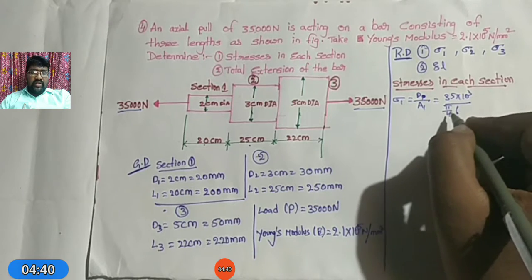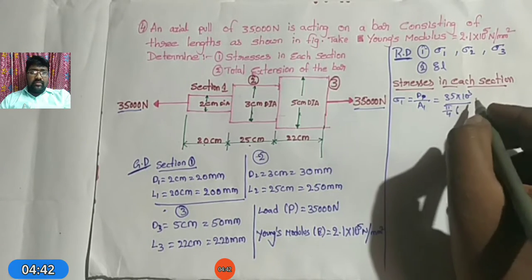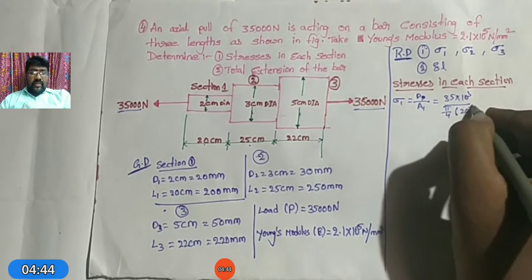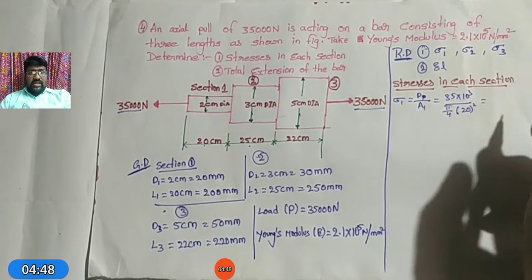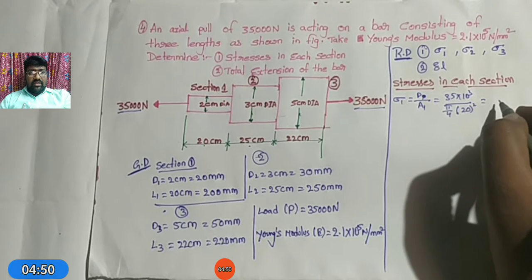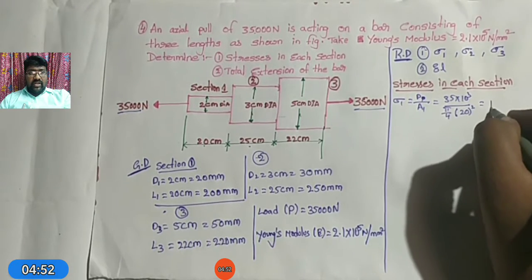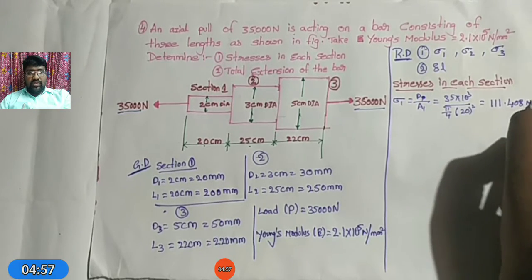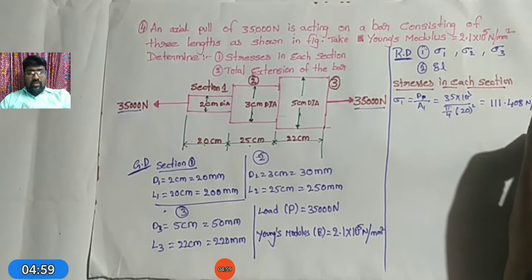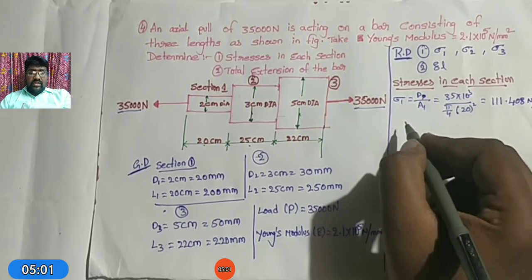We know that d1 is 20. By simplifying this equation we get the stress in section 1 as 111.408 Newton per millimeter square.